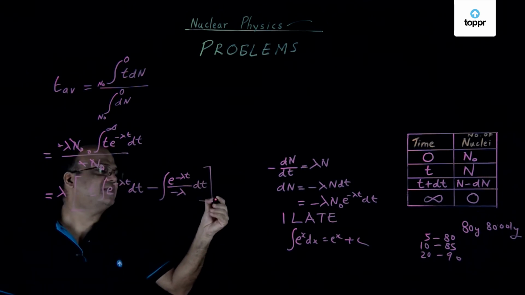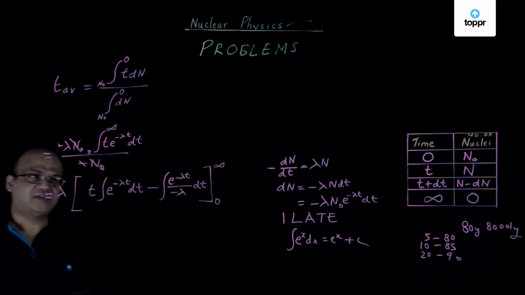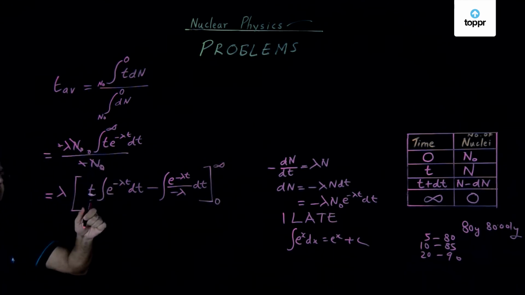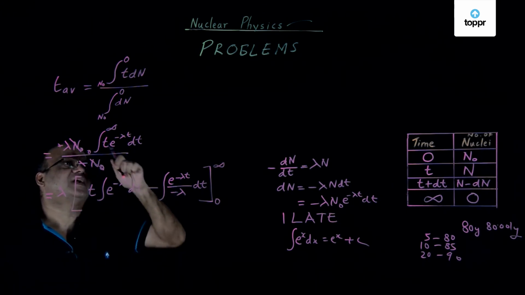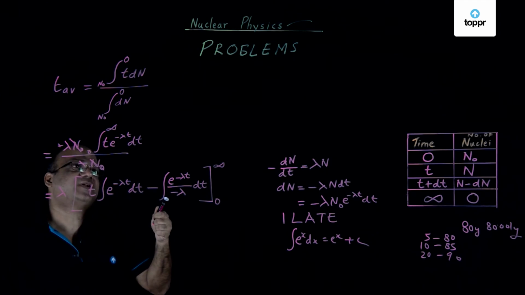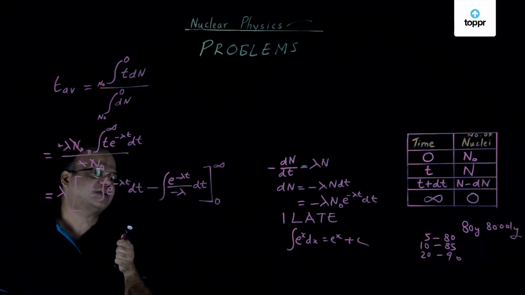And we write the limits here, 0 to infinity. So see what we have done: first function into integral of second, minus integral of differential of first function, which is 1, so that's why I did not write that. And integral of this is this. And this again you have to integrate.